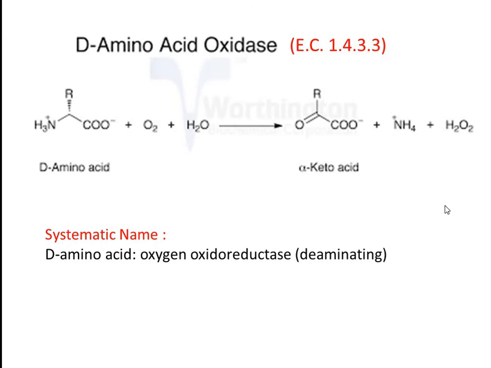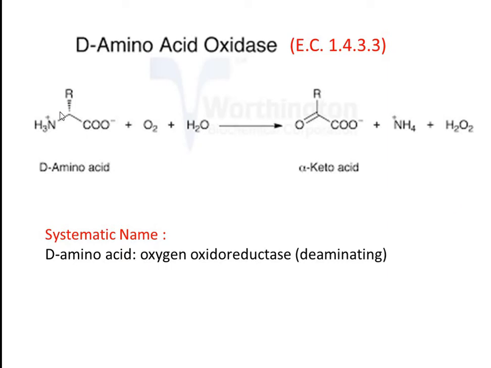The first example is D-amino acid oxidase, which is indicated by EC number 1.4.3.3. From the EC number we understand that the first digit 1 indicates the main class oxidoreductase.